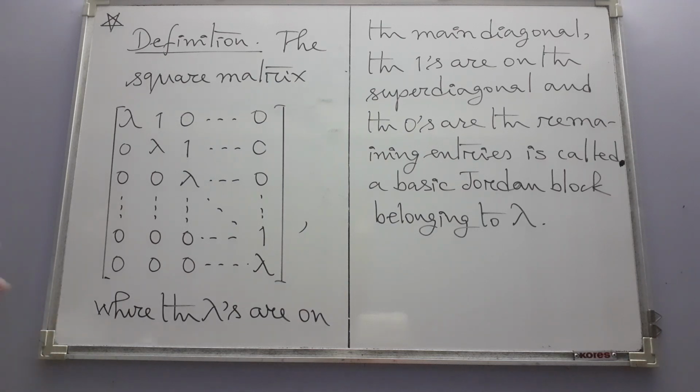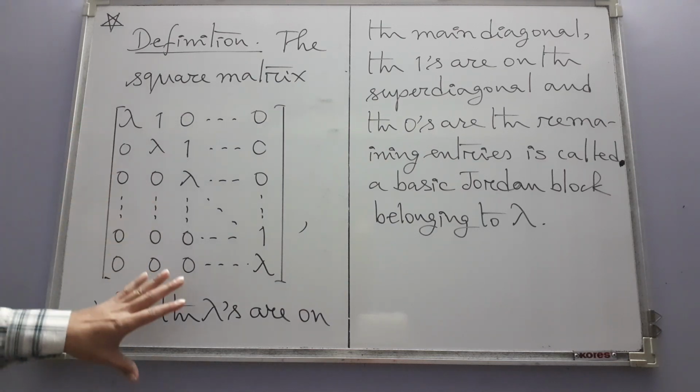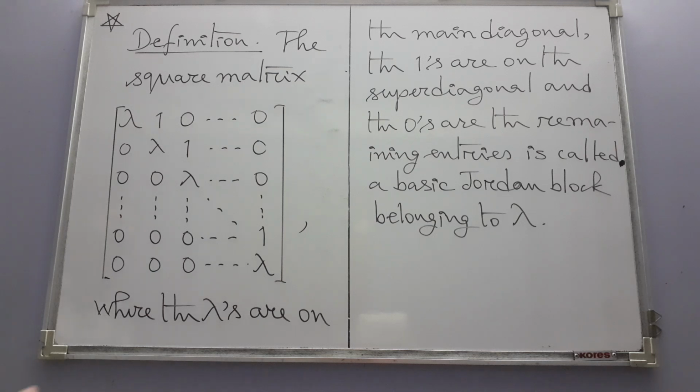Okay, that's how we call it. Such a matrix is called a basic Jordan block.